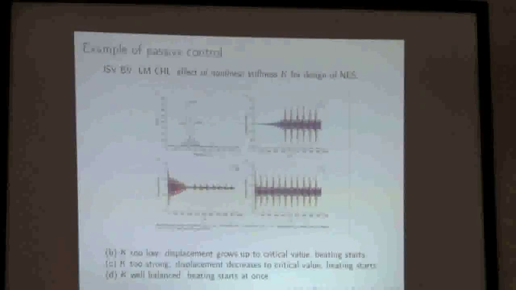Here it is the contrary. K is too strong. So first we have perhaps an efficient transient, then the beating starts, so we have a control, but in some sense here perhaps we wait a long time.